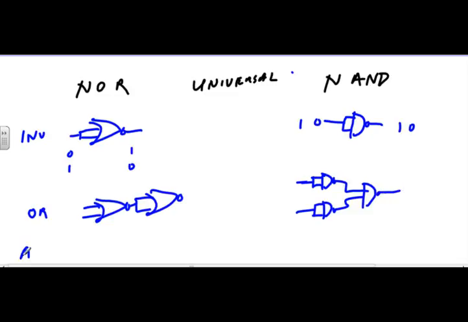If I want an AND, I'm going to invert the inputs of a NOR. If I want an AND and I have a NAND, then I'm just going to invert the output. So that's how I'm going to make my universal gates.